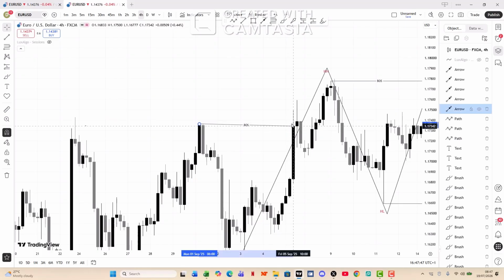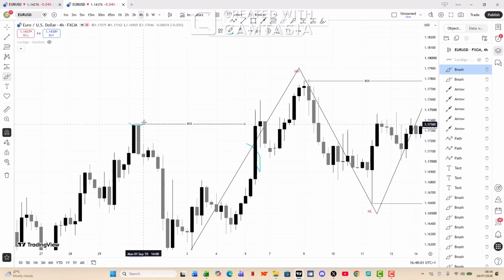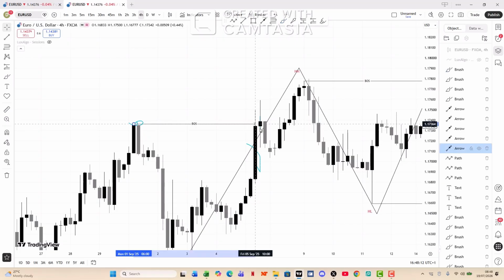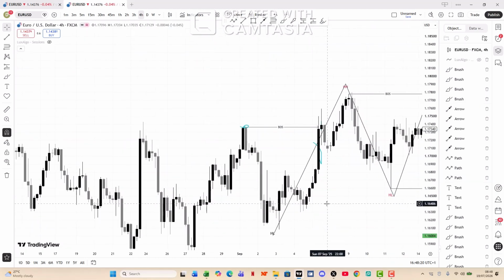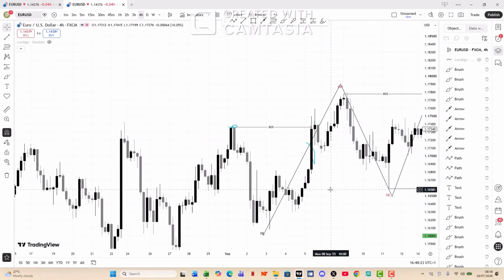This first long candle right here didn't give us our break of structure. Why? Because it failed to close above this high. The candle that gave us our valid break of structure is this second candle right here, because if you extend this line, you'll see clearly that it closed above that line. So that's the rule for a valid break of structure: a candle body close above the previous high is a confirmed break of structure.